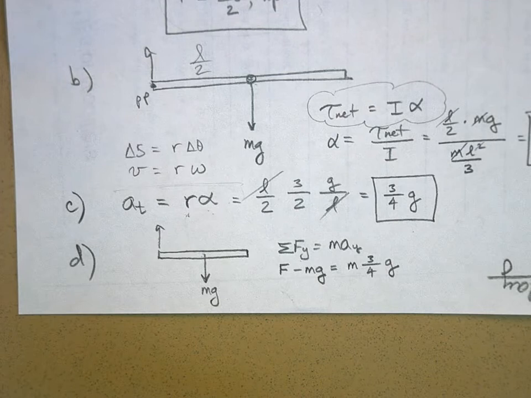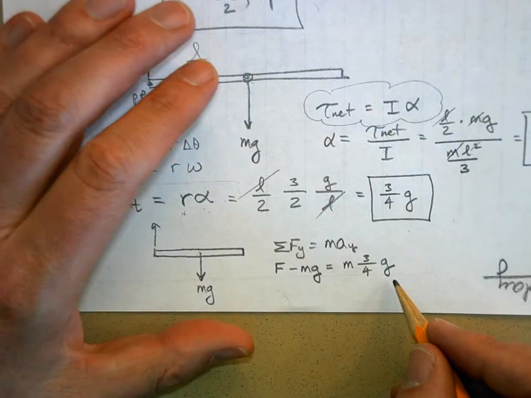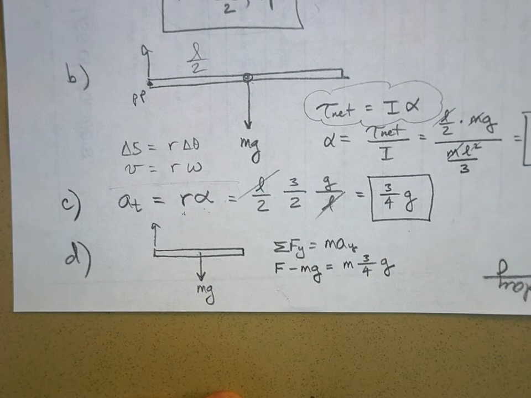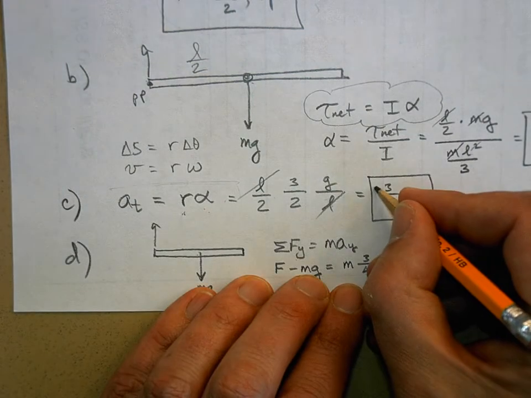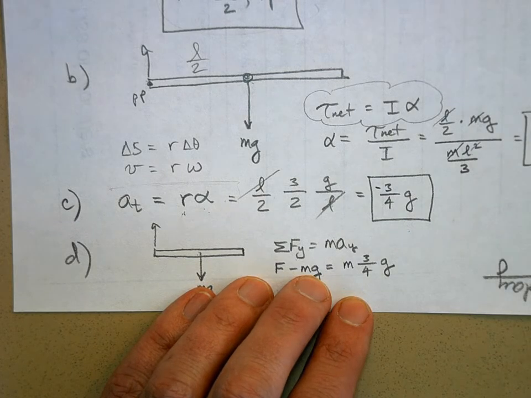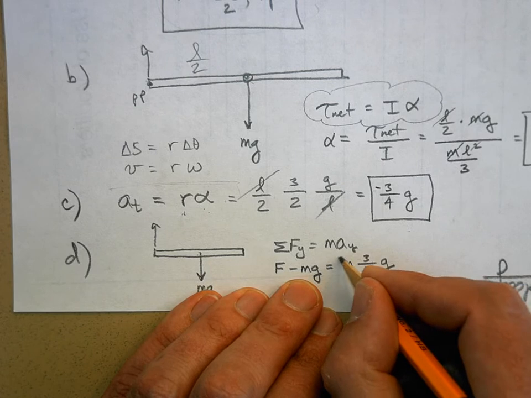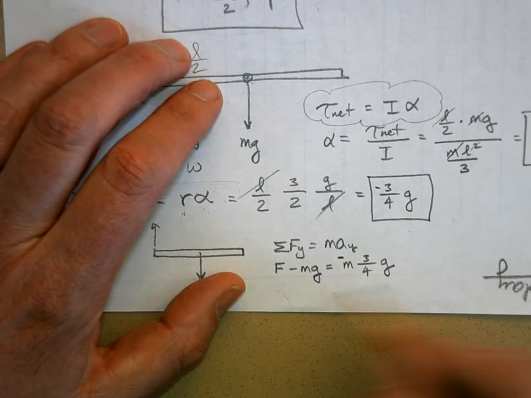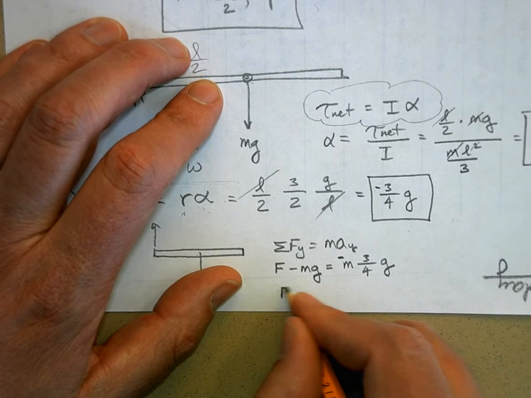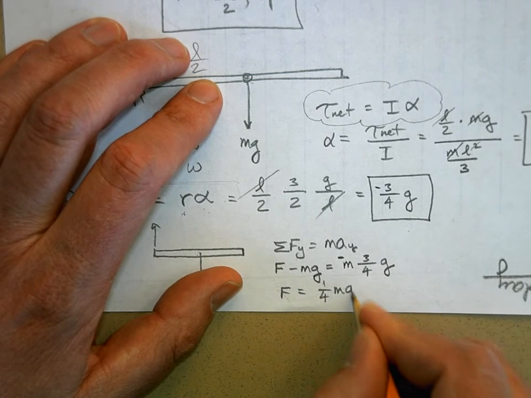But what mistake did I almost make? What direction is this acceleration in? It's down. So I really should put a negative in there. I know they didn't in the solution guide, but it won't hurt to put it in there. So when I add mg to 3/4 mg, I get a force that is 1/4 mg, 1/4 the weight.